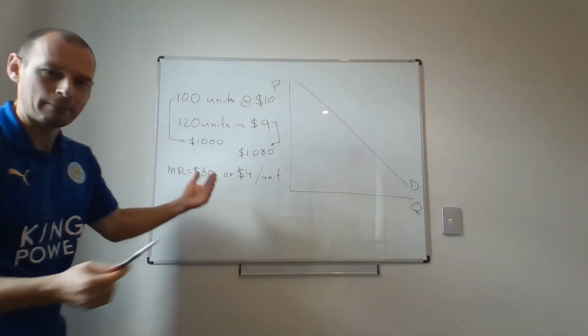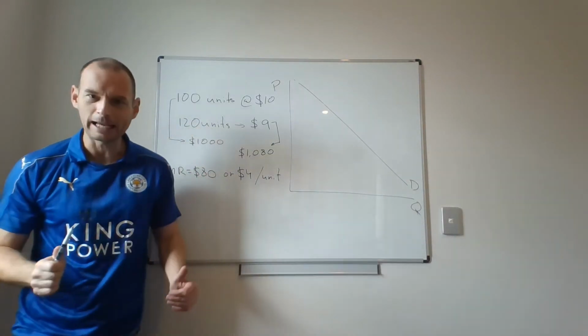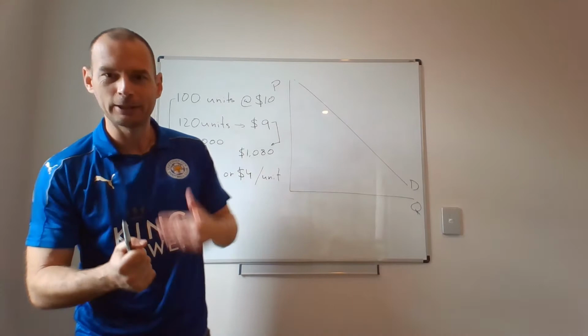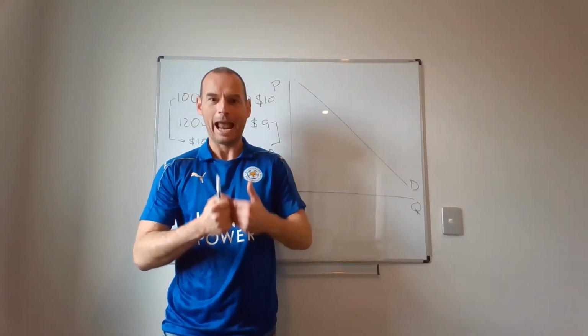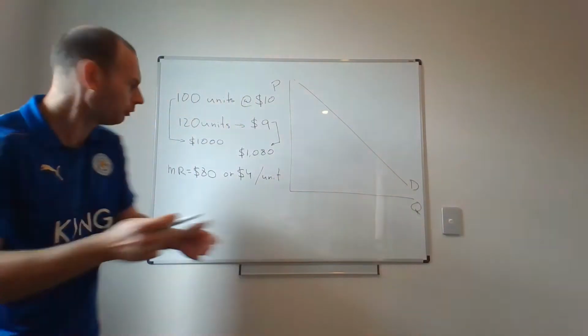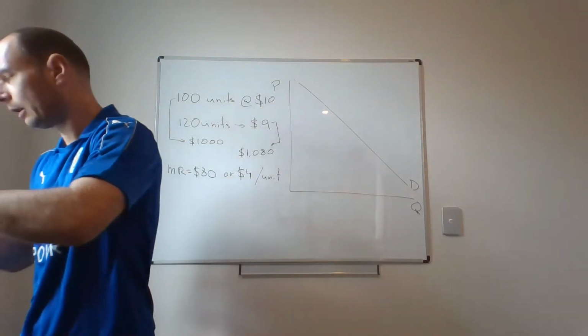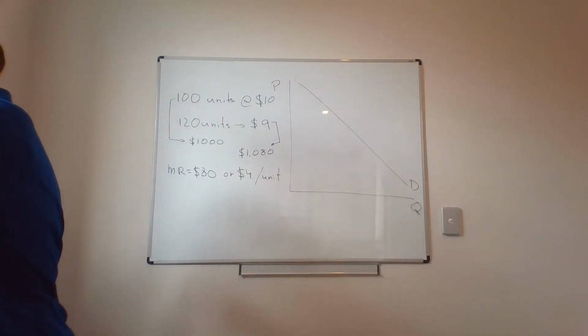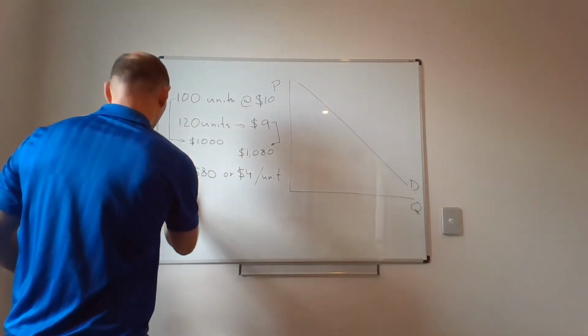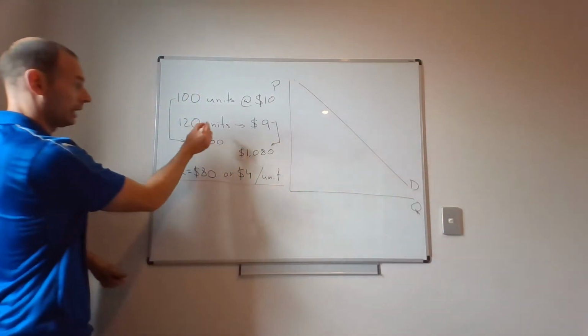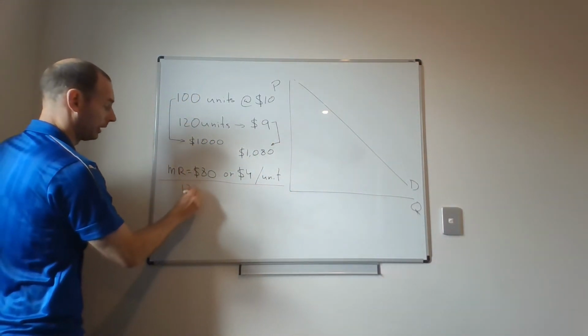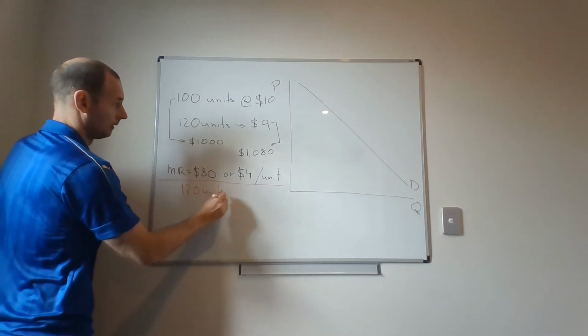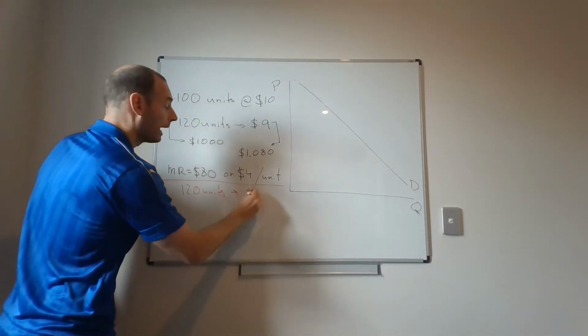Is it possible for my marginal revenue to actually be negative? Is it possible for a monopolist to actually start selling more and actually lose on the revenue? And the answer is absolutely. Let me use a different color here. So let's say that in order to sell 120 units, I will need to drop the price to $8.